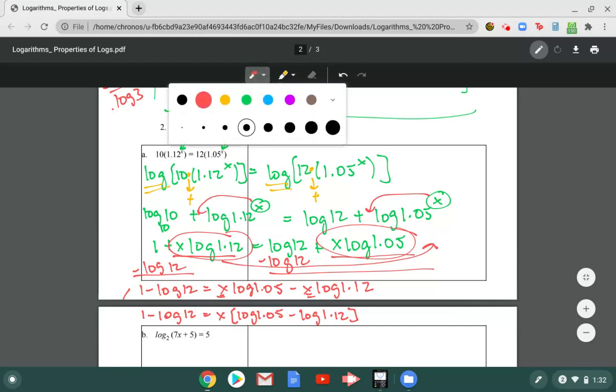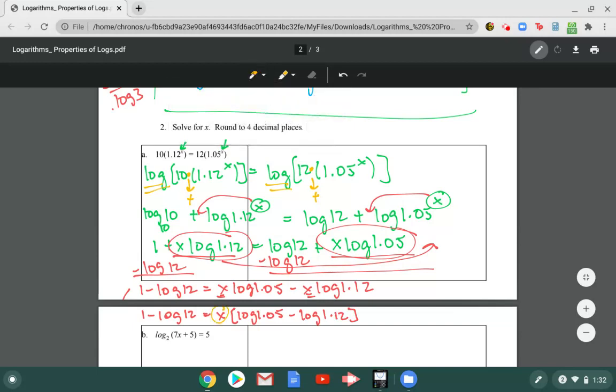You're keeping your eye on the prize, right? Because we're pretty much there. This is my x. All I need to do is to divide this guy off to get to my answer. So I've got to divide by log 1.05 minus log 1.12. And I've got to do the same thing on this side. So we're going to divide by log 1.05 minus log 1.12.